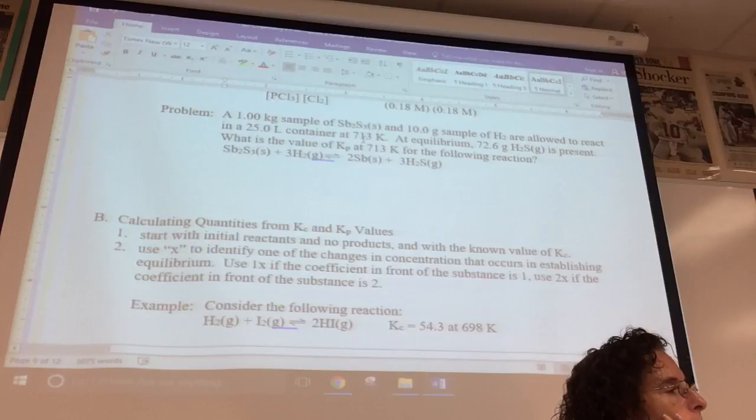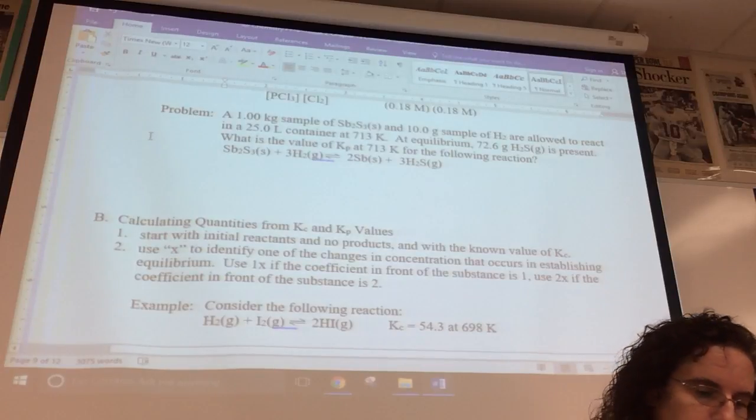At equilibrium, 72.6 grams of hydrogen sulfide gas is present, and we want to know the value of Kp at 713 Kelvin.